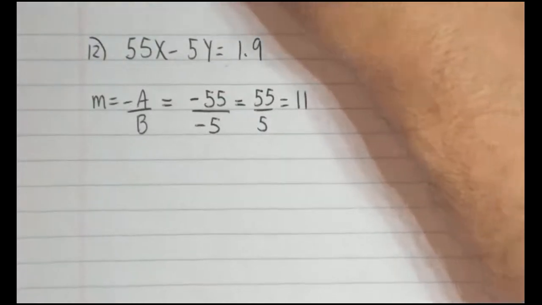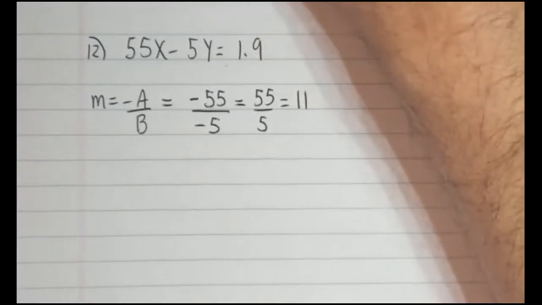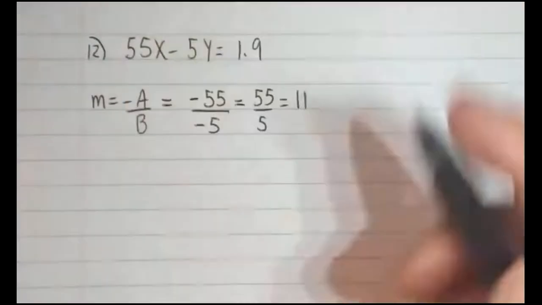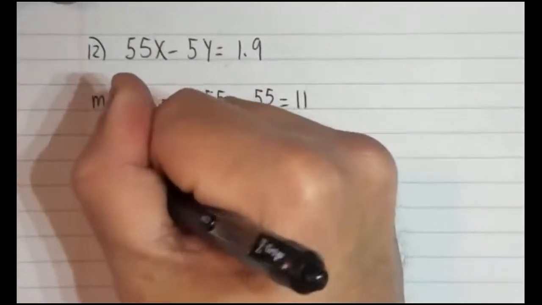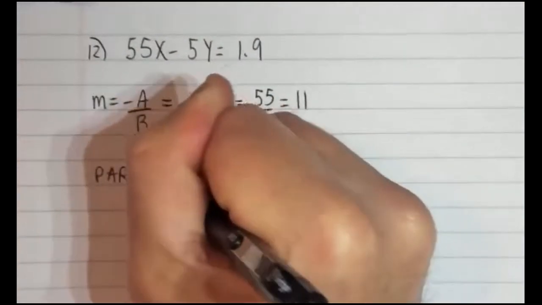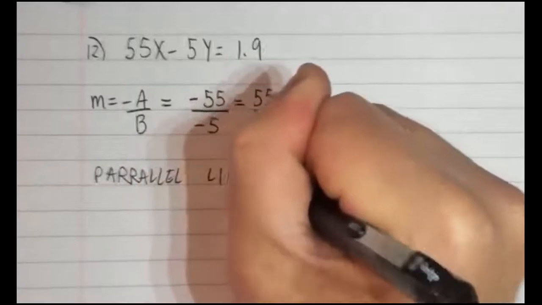Before we get into that, I really want to show you again parallel lines. They really are easy, because if one slope is 3, the other slope would have to be 3. Their slopes would have to be completely equal.